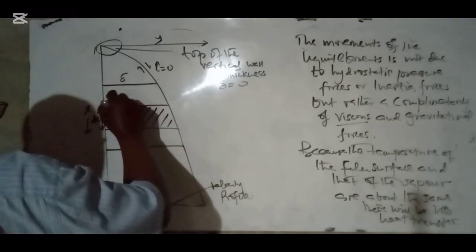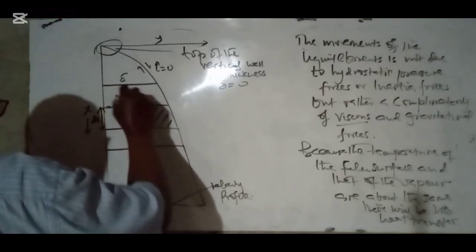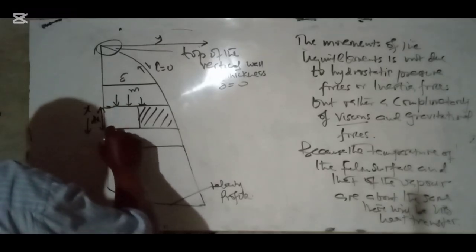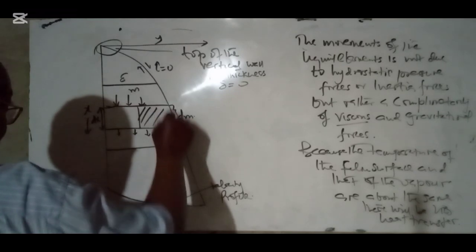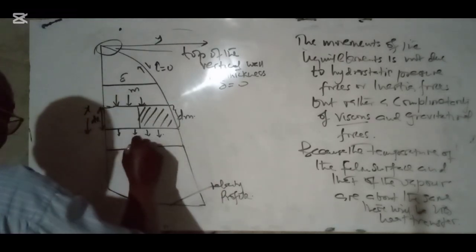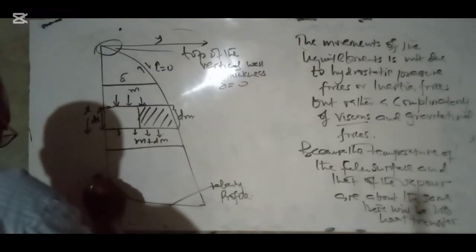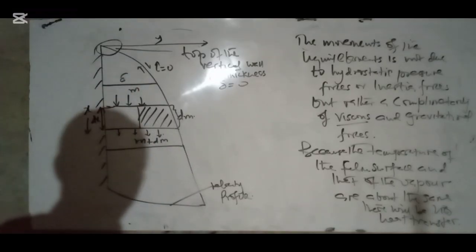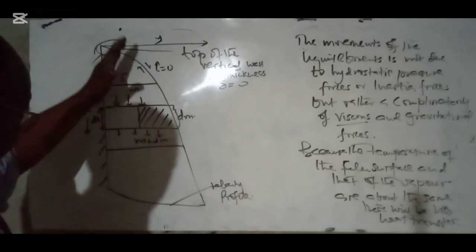So let us say that we have that amount of liquid, that volume element is dm. So that we have m, that will be m plus dm. Now, this is our wall, don't forget. That's our wall.